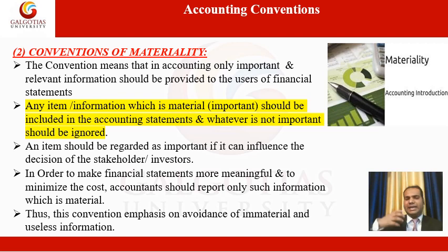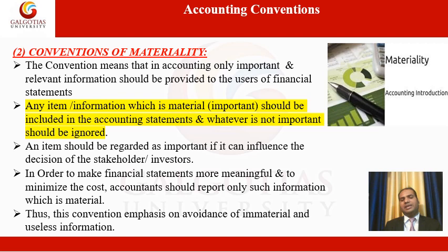Students, the second important accounting convention is the convention of materiality, right? Guys, the convention means that in accounting only important and relevant information should be provided to the users of financial statements. Any item or information which is material or important should be included in the accounting statements, and whatever is not important should be ignored.